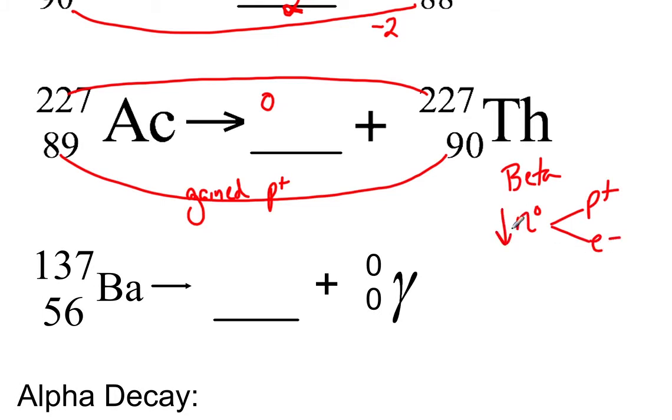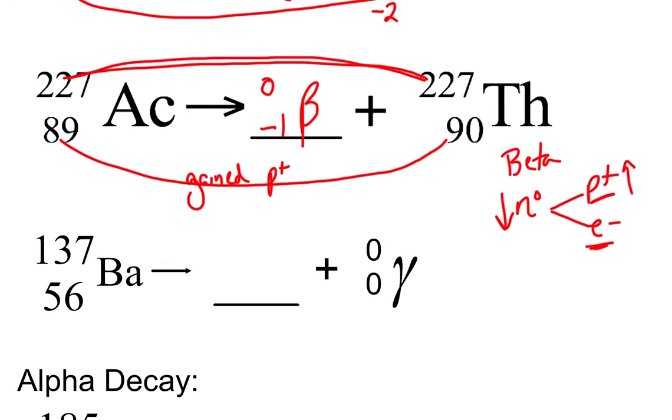So the neutron goes down, but the proton goes up, meaning there's no overall change in the nucleus in terms of mass number, but the atomic number goes up 1. So there's our change in protons. 90, look down the periodic table, we got a new element here, and what's missing is the little electron that pops out along with beta decay. So you should know that anytime beta decay occurs, there should be an electron popping out, a high-speed electron.